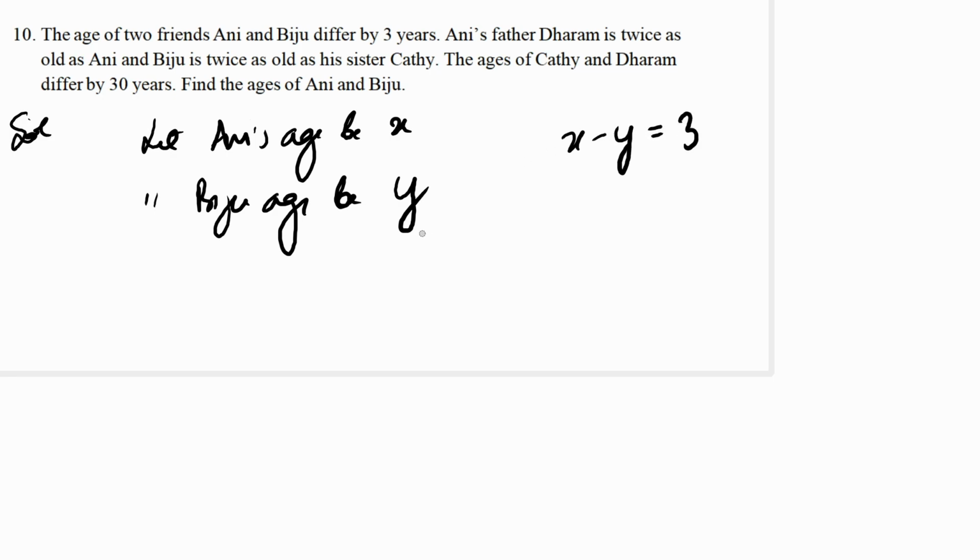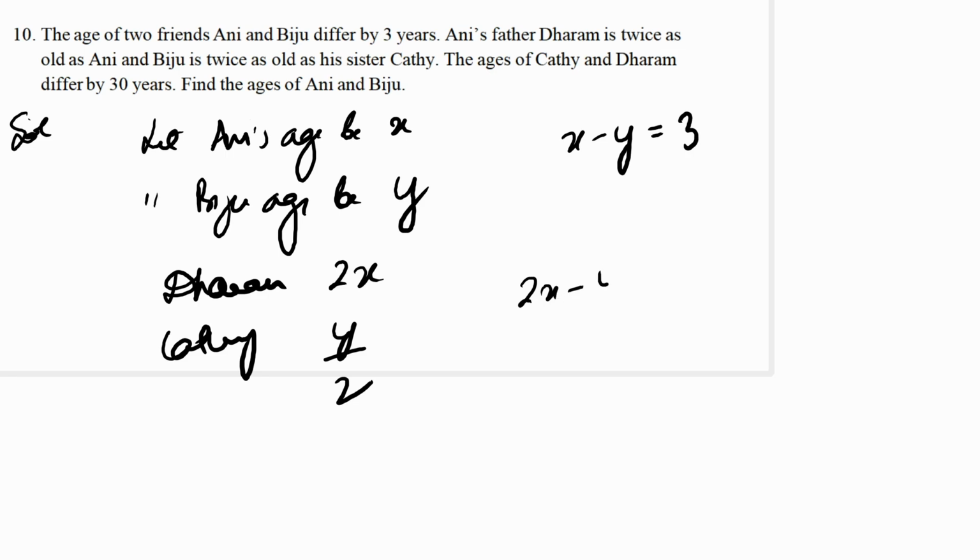Anni's father Dharam is twice as old as Anni. And Biju is twice as old as his sister Kathy, so Kathy is half as old as Biju. And what is the relation between them? The ages of Kathy and Dharam differ by 30 years. 2x minus y by 2 is equal to 30.